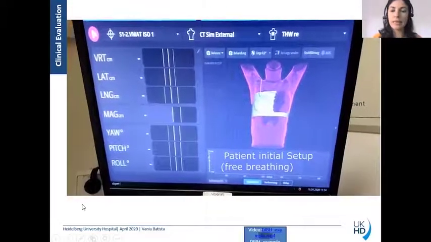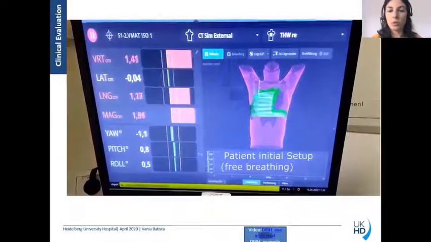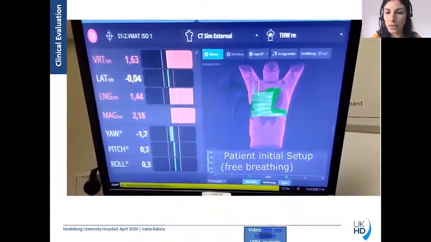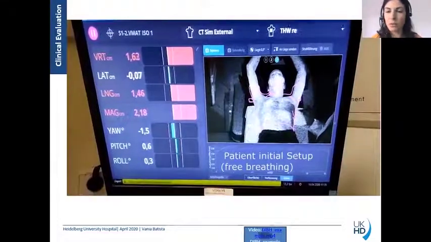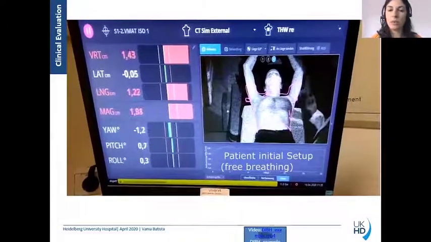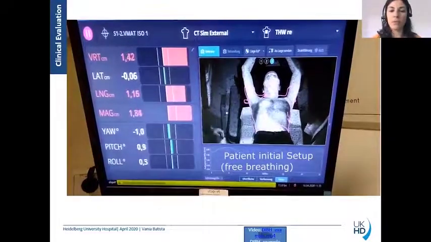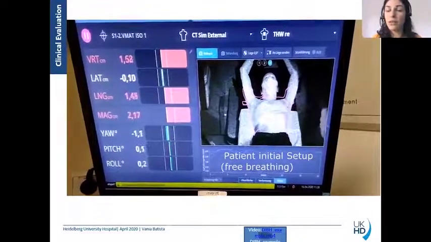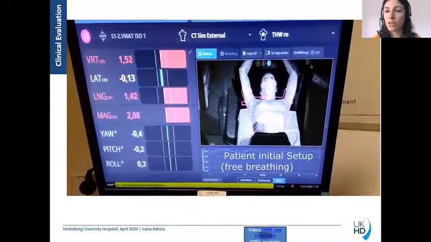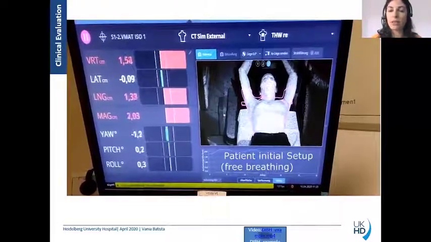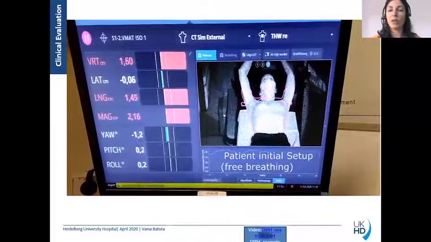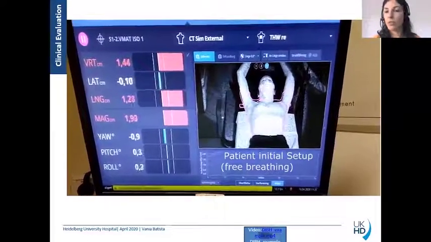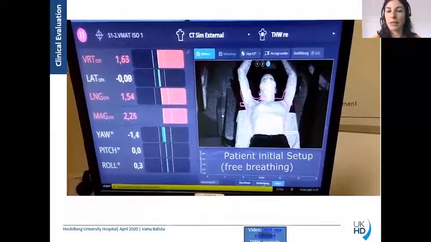As I said, the first step is always to position the patient in free breathing. When the patient is in free breathing, the RTTs in the room confirm if there is any kind of rotation, if the arms are in the correct position, and they make all these rotation corrections while the patient is still in free breathing.